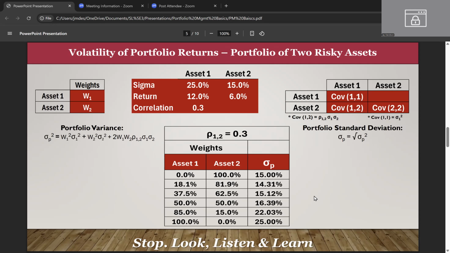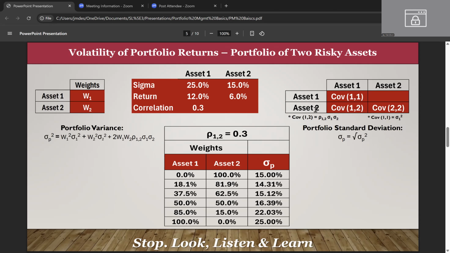So anytime, and this is something you want to put in your notes, this is one of those stop, look, listen, and learn moments: anytime the correlation between the two assets is less than one, then you're going to get some diversification benefits.